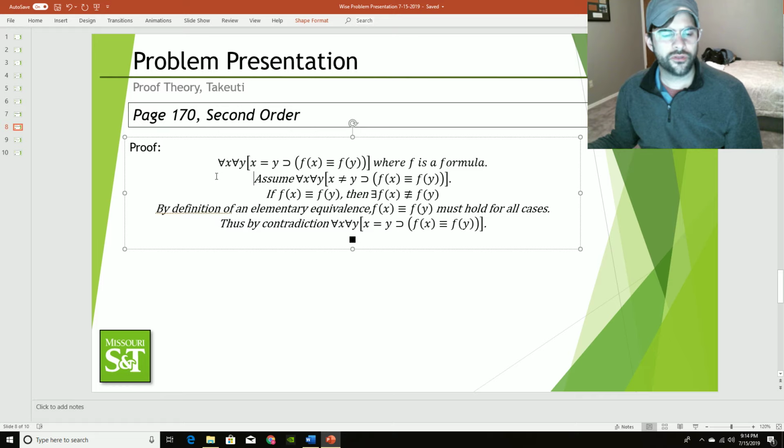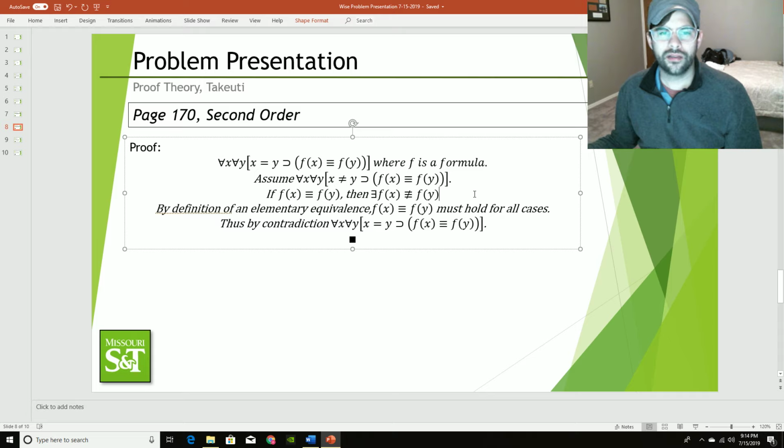But this proof is basically for all x's and all y's, right? We're going to say that x equals y, and that implies that if you have a function that has x, then it is elementary equivalent to the function with y. That's really easy to think about, where f is a formula.